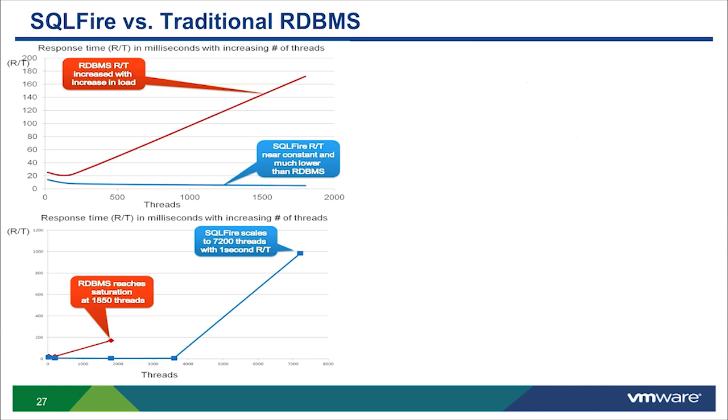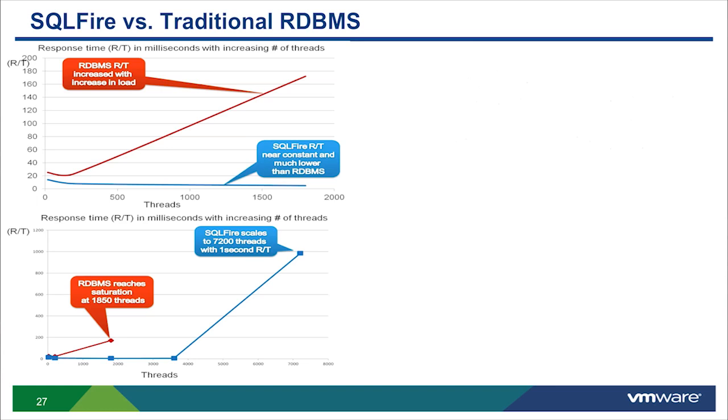So that's almost 4 times. And you see the inflection point if you look at the blue line. That's because SQL Fire, when it starts hitting a threshold in the JVM memory, starts spilling information to disk. That gradually increases the response time. But if you provide more memory, you're going to get a much more consistent response time.